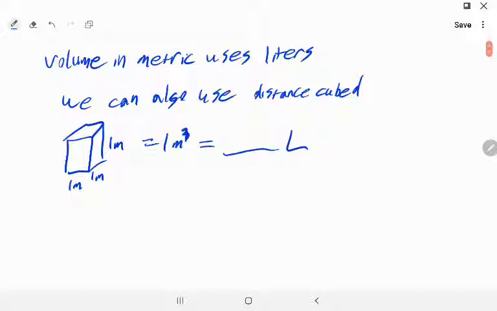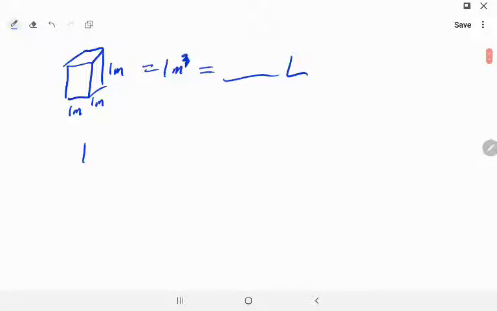And so this is a bit trickier. But what turns out to happen is we know that 1 milliliter is equal to 1 cubic centimeter. And so we also sometimes abbreviate that as cc's.